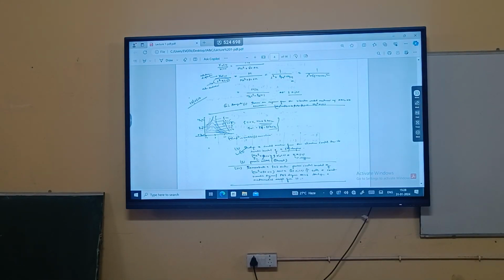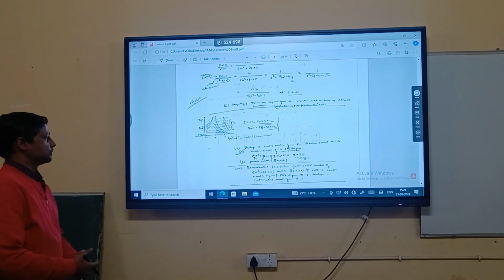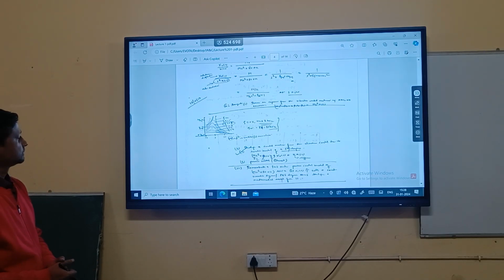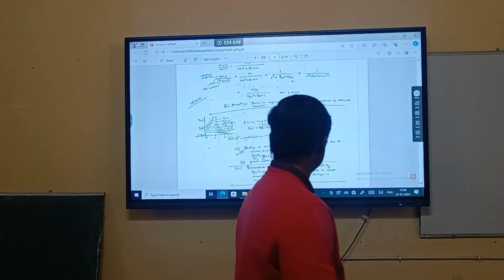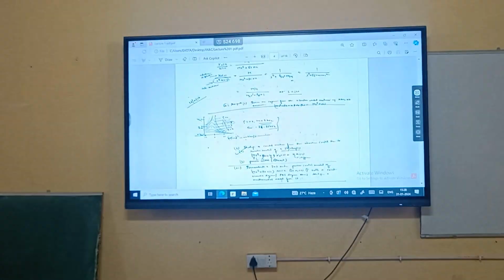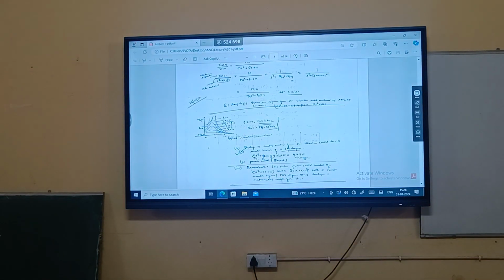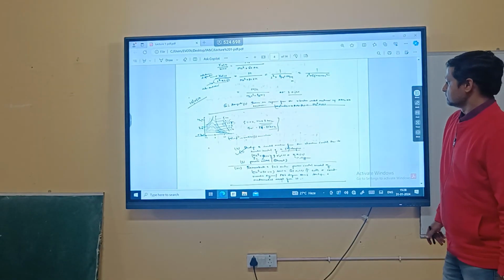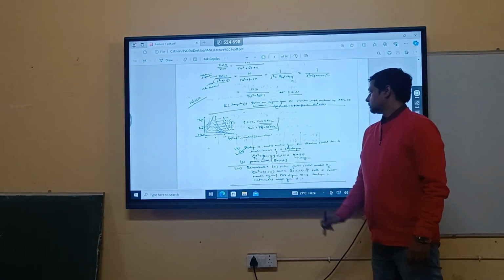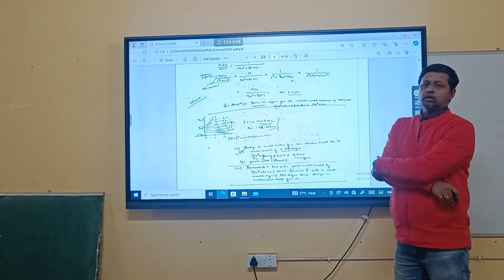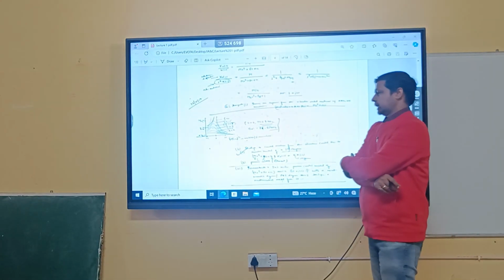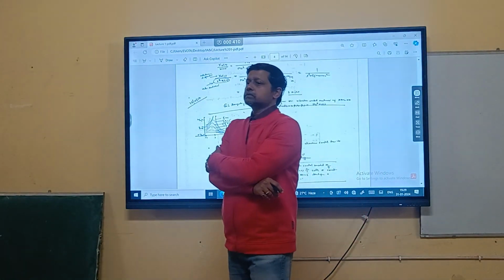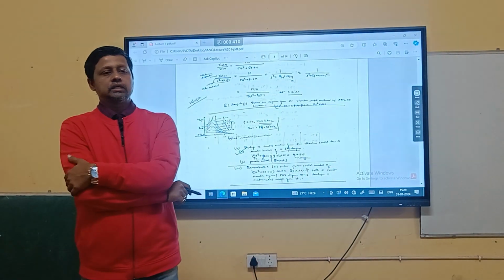Question number 1. Develop a control mechanism for the vibration control due to, first part, seismic action experienced by a skyscraper.